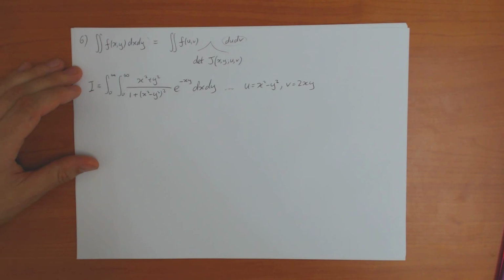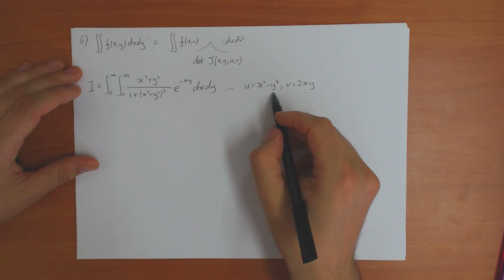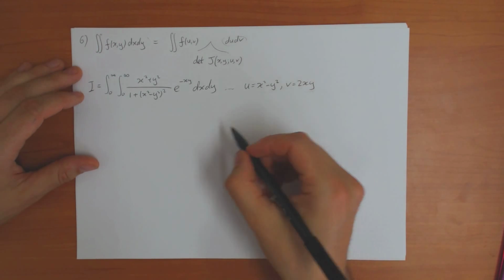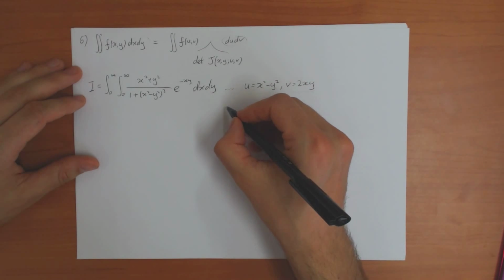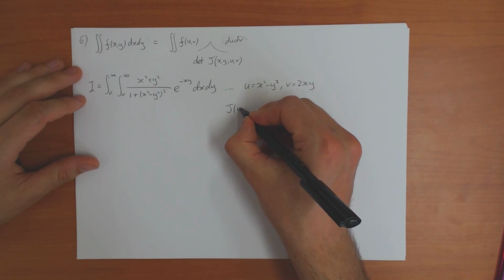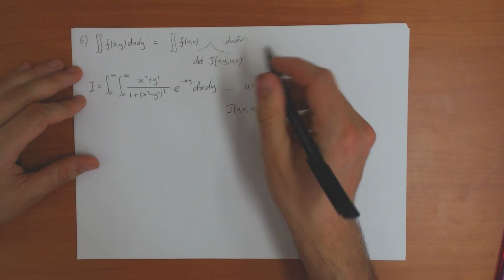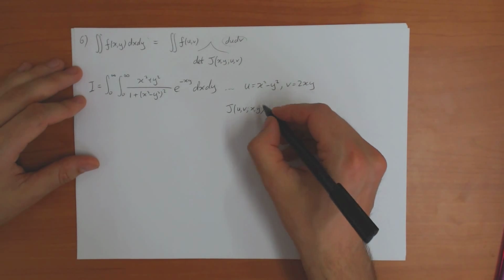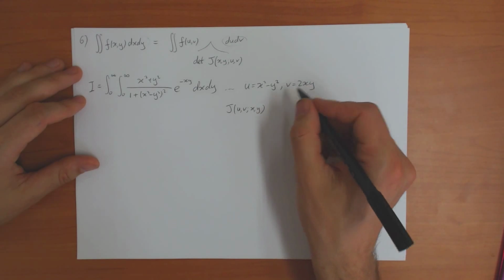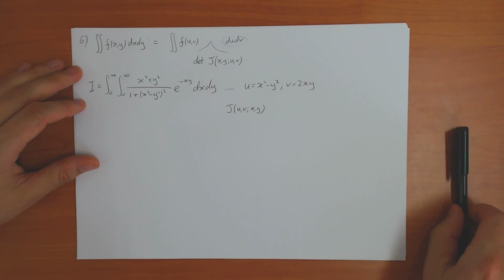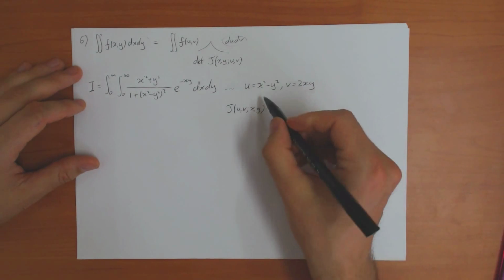Okay, so as I've given it here, the thing that you can easily work out is the Jacobian matrix from uv into xy, i.e. the opposite of this one. But they're related in a simple way, which I'll explain in a minute.